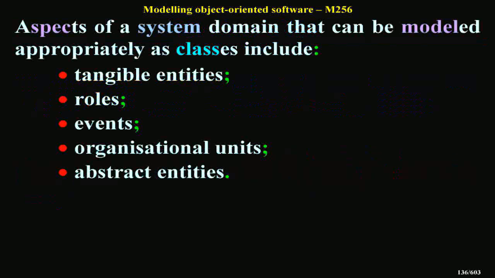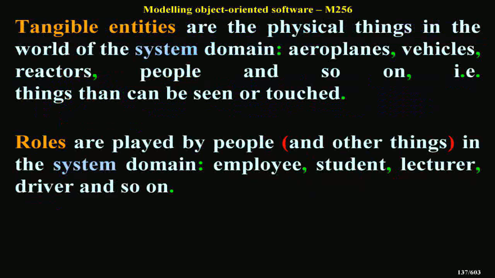Aspects of a system domain that can be modeled appropriately as classes include tangible entities, roles, events, organizational units, and abstract entities. Tangible entities are the physical things in the world of the system domain: airplanes, vehicles, reactors, people and so on, i.e., things that can be seen or touched.